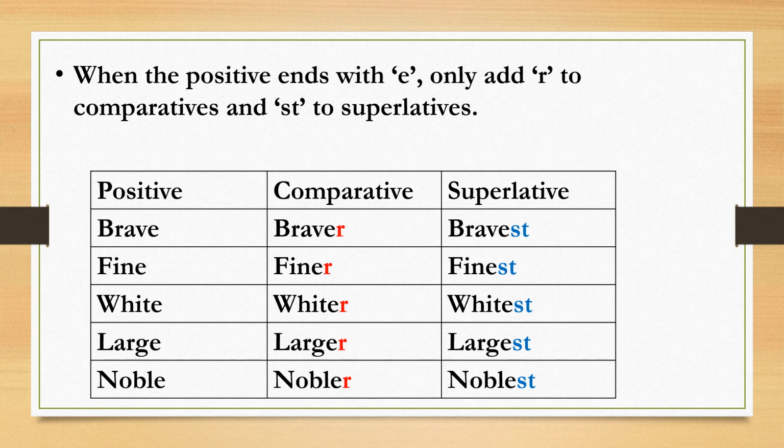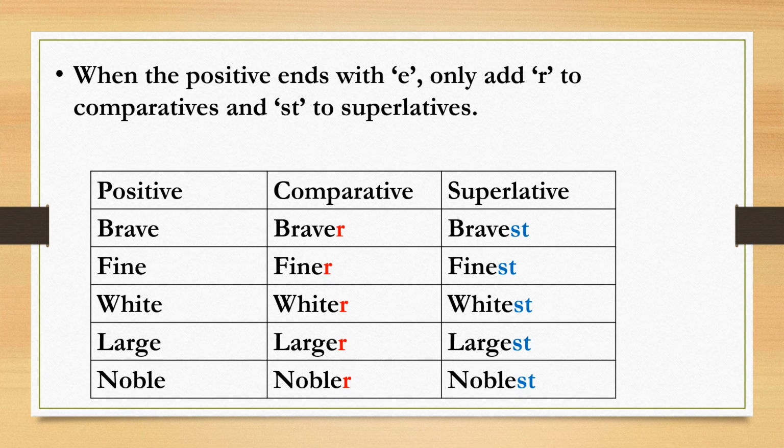See the second example. In the positive degree, we have the word fine. In the comparative degree, fine becomes finer, and in the superlative, it becomes finest. White in the positive becomes whiter in the comparative and whitest in the superlative.